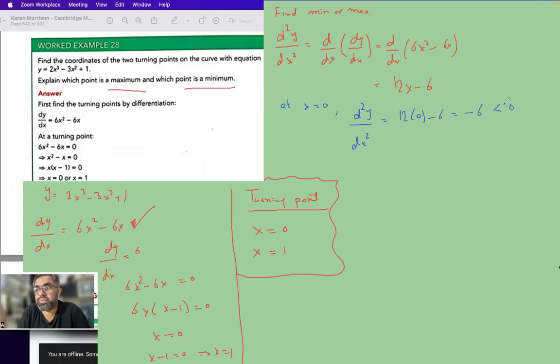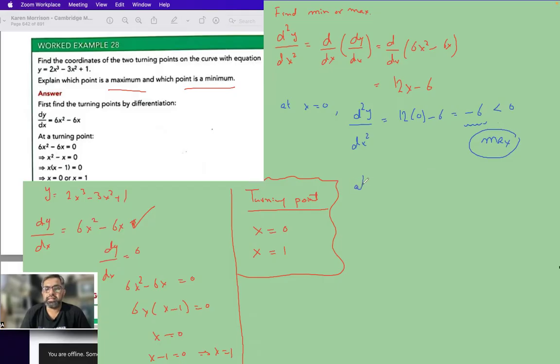It has to be max because slope is going from positive towards negative. Rate of change of slope is negative, meaning slope is decreasing. Slope is going from positive towards the negative side. How the slope is changing, this behavior is negative. So this happens when it's a maximum point, max.